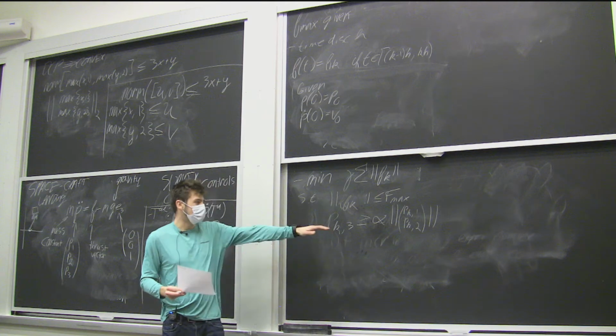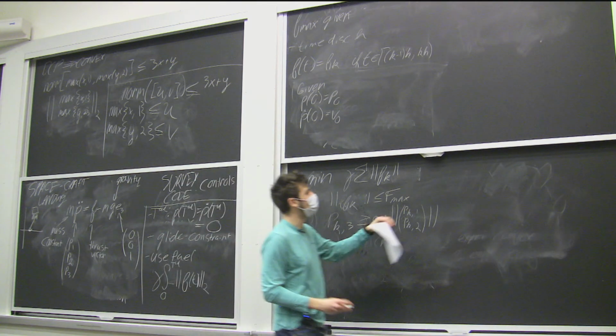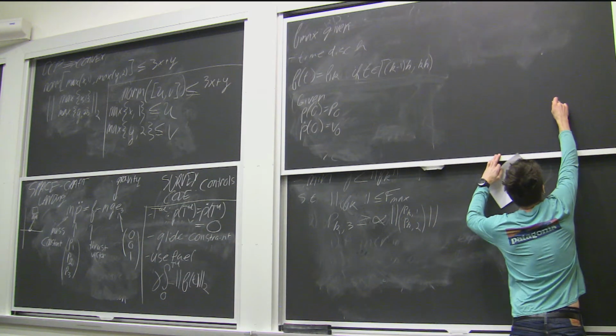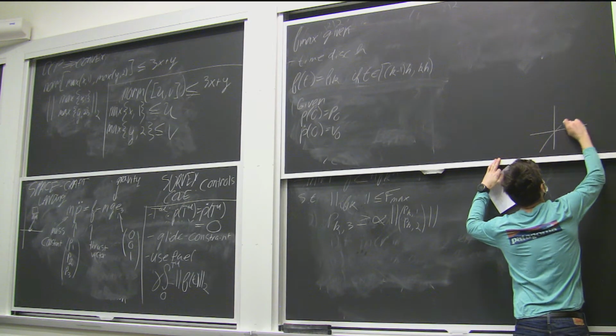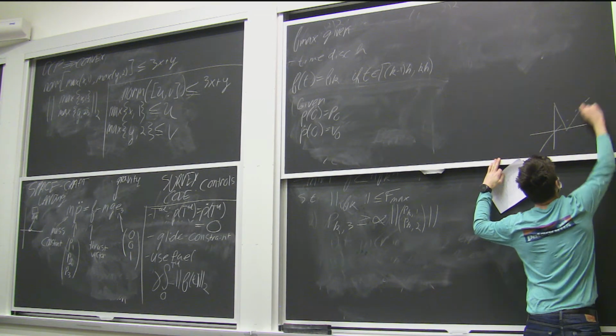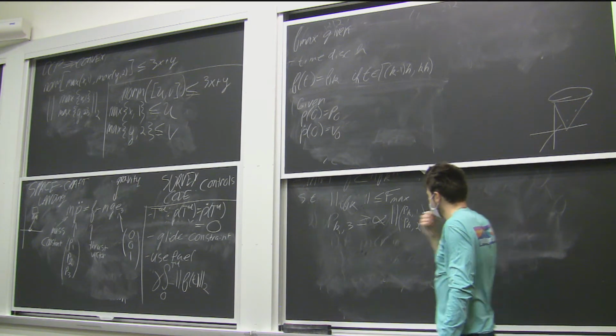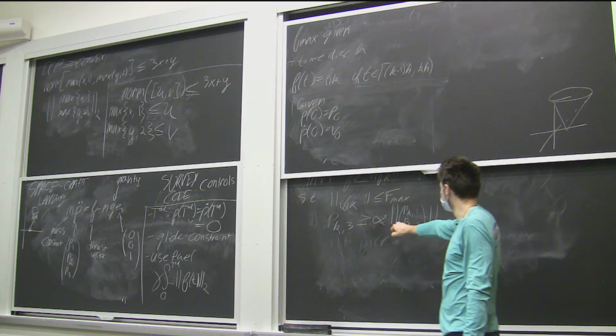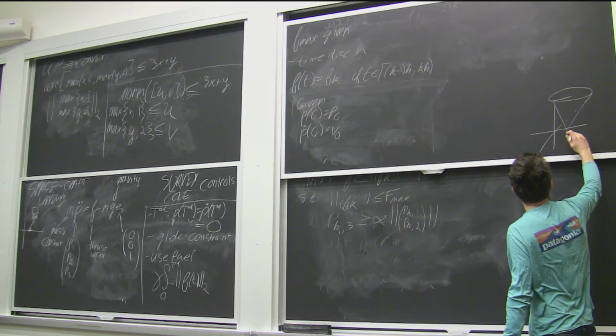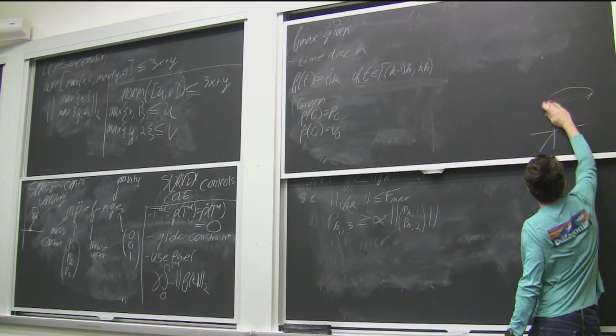So that cone constraint basically says, again, the picture is this. If I want to be in this cone, then pk3 has to be more than or equal to this norm. And I'm actually assuming that I'm gliding to the origin.